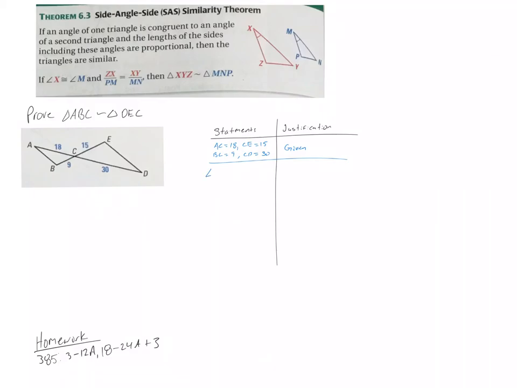I can say angle ACB is congruent to angle DEC, because those are vertical angles. And then, now I need to do is, so I've now shown that these two angles, right, this angle here and this angle here, so I got that part, and now I have to show this part. So I need to show that this over this, same as this over this.